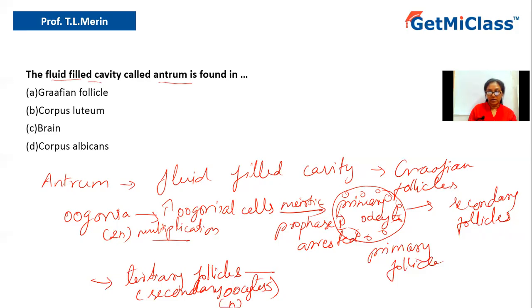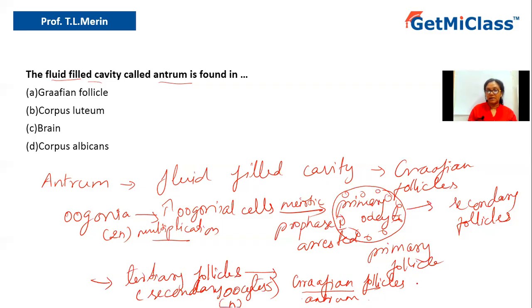So let us talk about the follicles further. These tertiary follicles further mature into Graafian follicles. These are the Graafian follicles which contain the liquid filled cavity called antrum, and they also secrete hormones. The main hormone produced by Graafian follicle is estrogen.